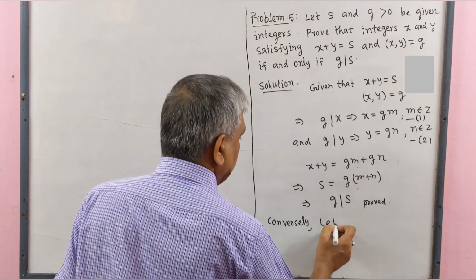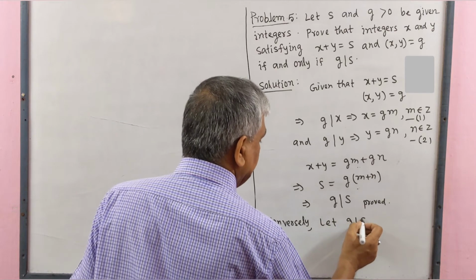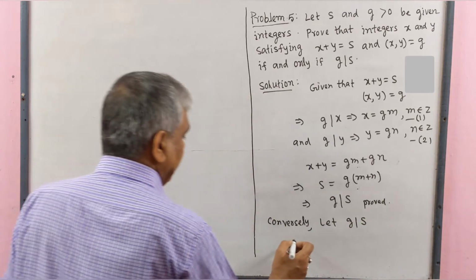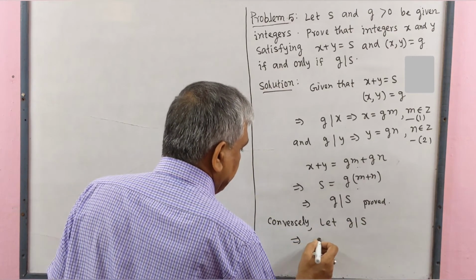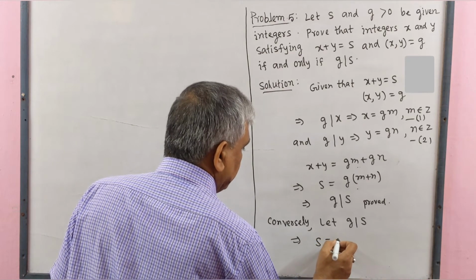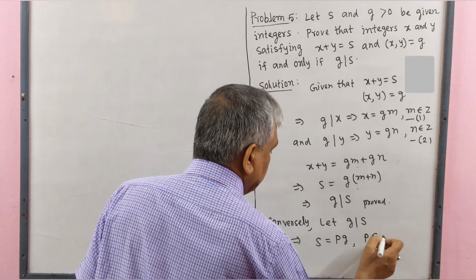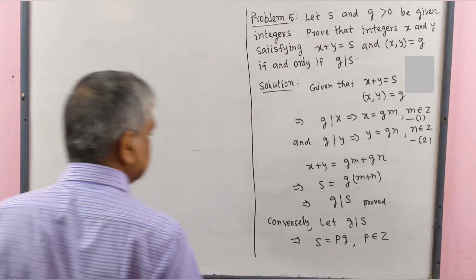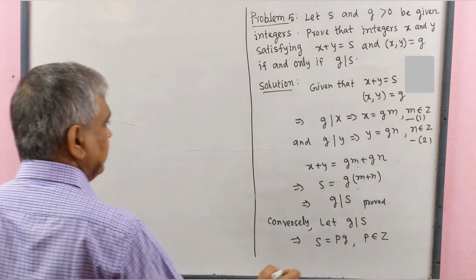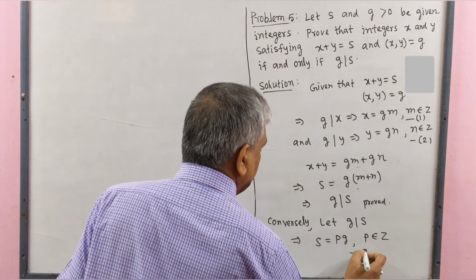let g divides s implies that s equal to pg, p belongs to Z. Let this is number 3.